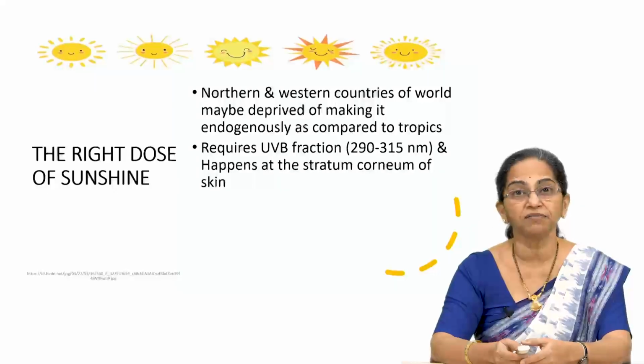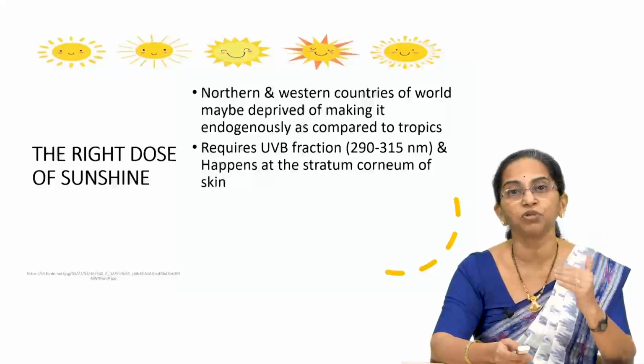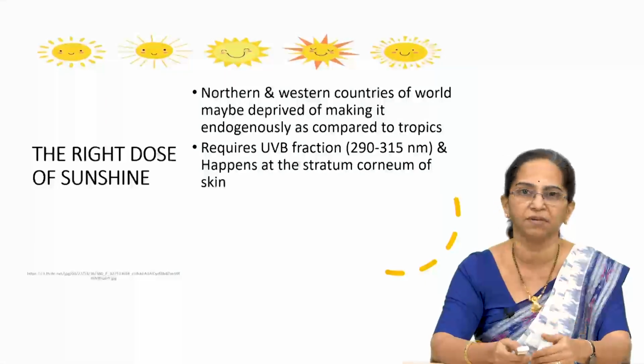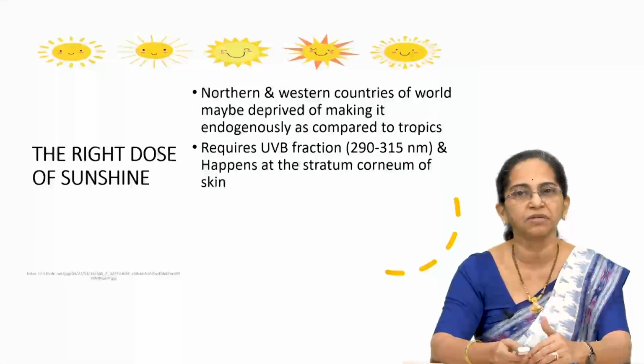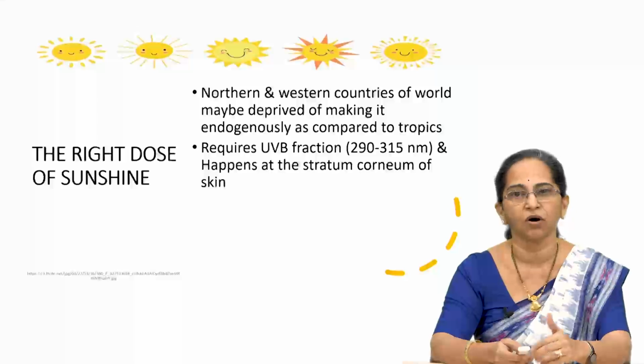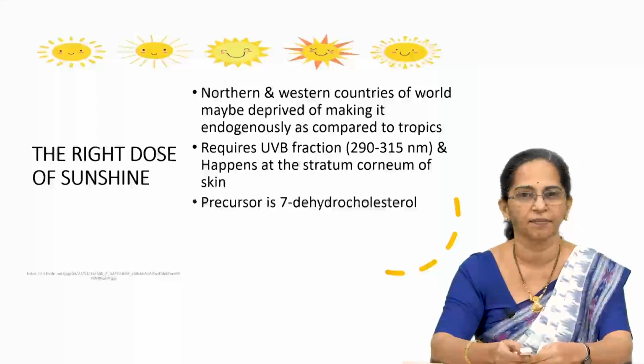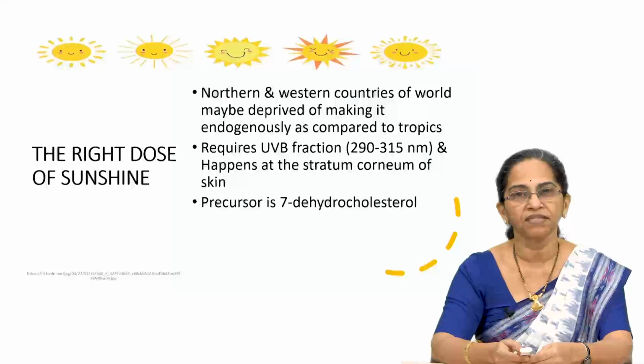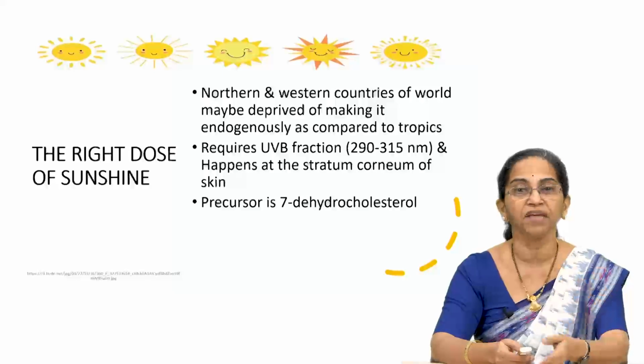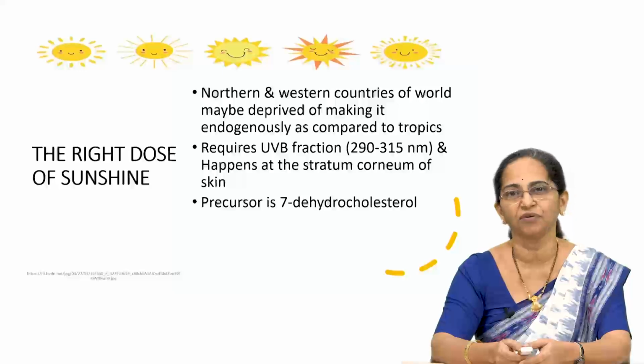So which is the part of the skin which should get exposed to this UV fraction to make the vitamin D? That portion is the dermis and the epidermis of the skin, or it's also called the stratum corneum of the skin. What's the precursor from where you can actually make vitamin D? The precursor is called 7-dehydrocholesterol.